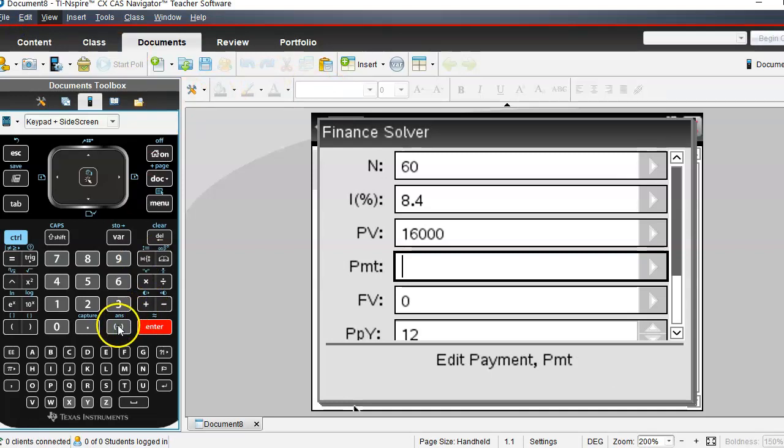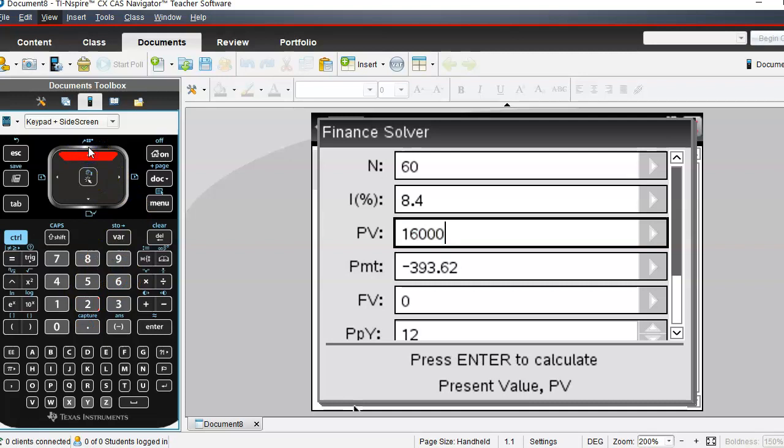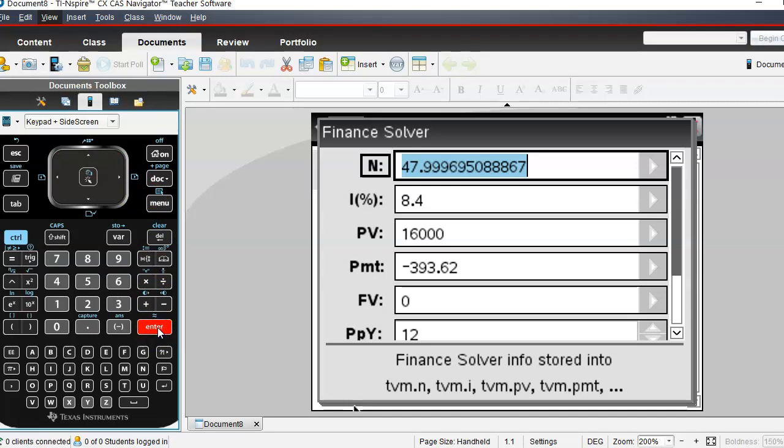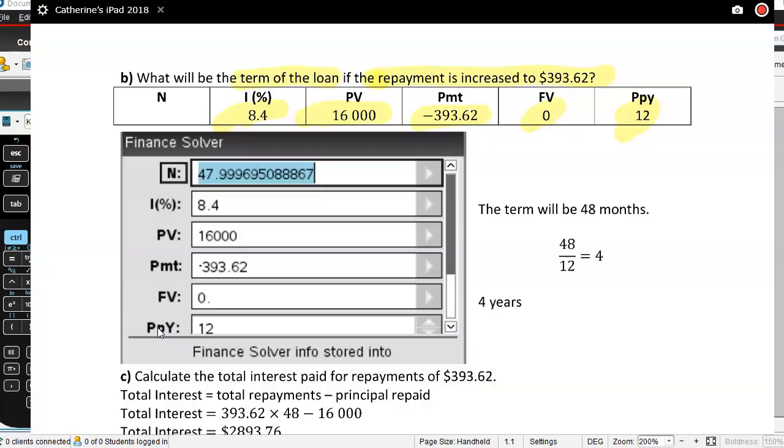So I'll put that in negative, 393.62. Now I'll go up to here, have that blank, and hit enter. So that will be 48 months. Again, you can see it there, 48 months, which is 4 years.